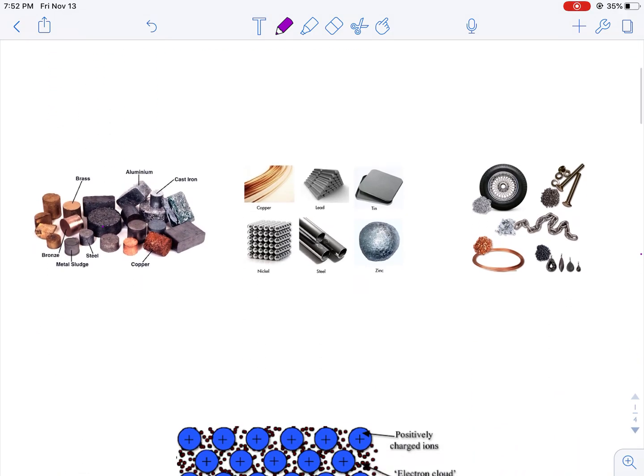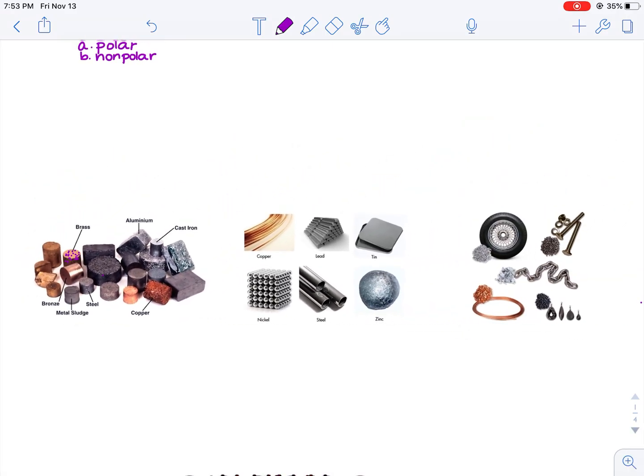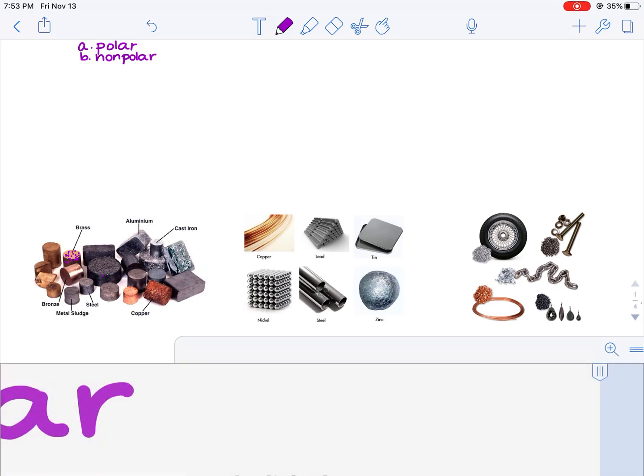Looking at the samples of matter we have in the pictures here, they're all samples of metals. Each of these metals, remember, is made up of billions and billions of atoms, or moles and moles worth of atoms. Yet there's got to be some kind of attractive force holding those atoms together, and we call them metallic bonds.